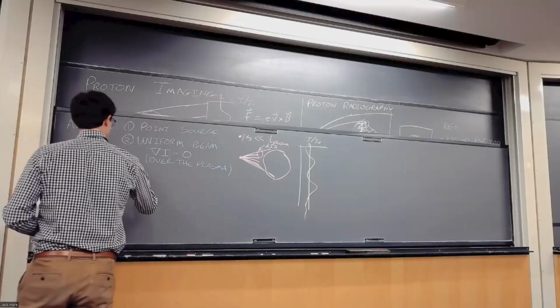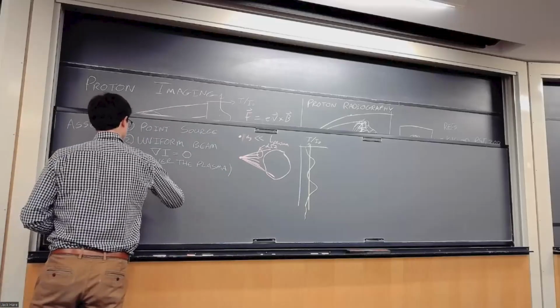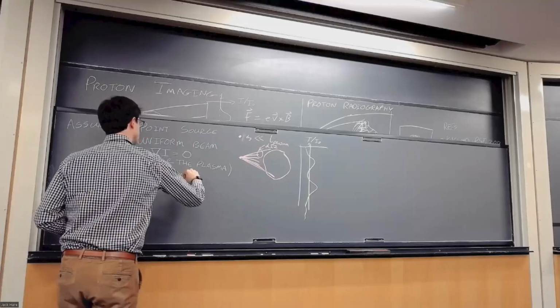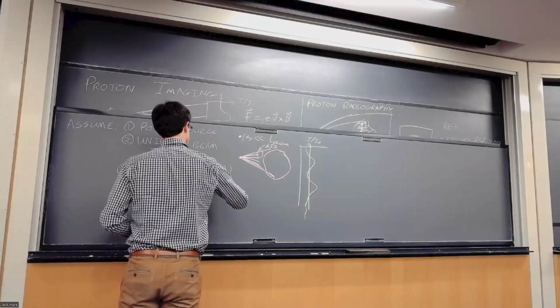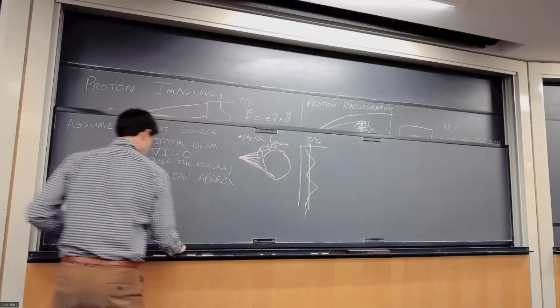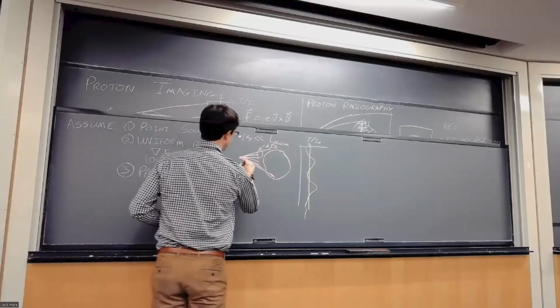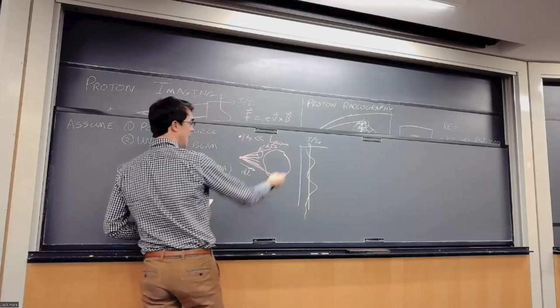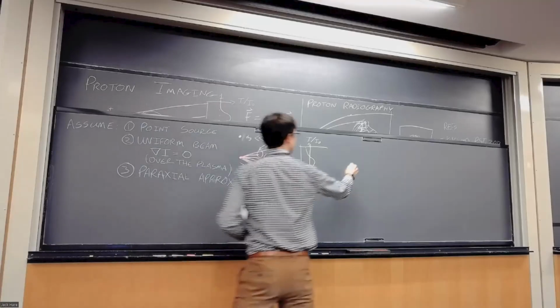Okay, third approximation we'll make is the paraxial approximation from geometric optics. The paraxial approximation is basically saying that although these particles are following some path we can call dl, our detector is relatively small.